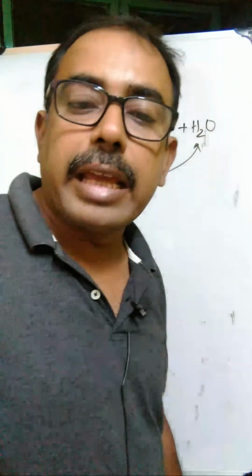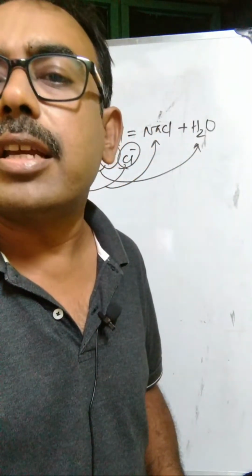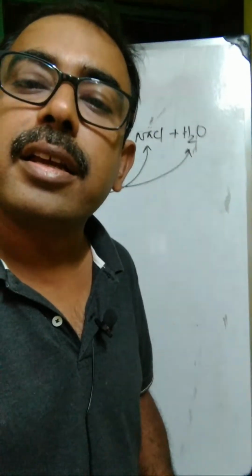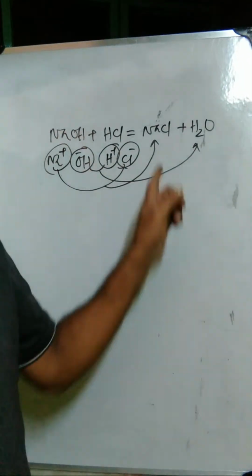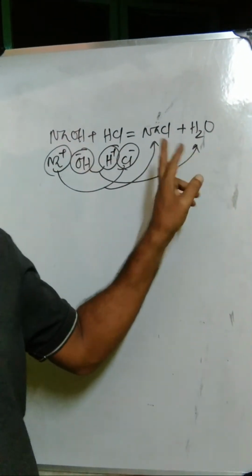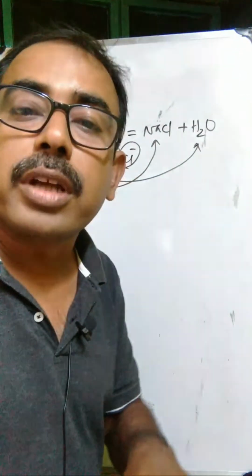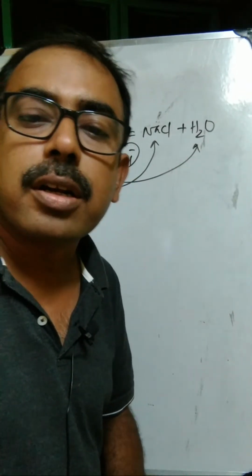Here the total H plus ion gets neutralized by OH minus ion completely in a neutralization reaction, so that the solution is neither acidic nor basic, and it completely forms a salt and water. This reaction is called a neutralization reaction.